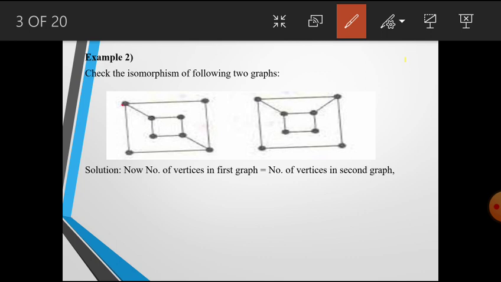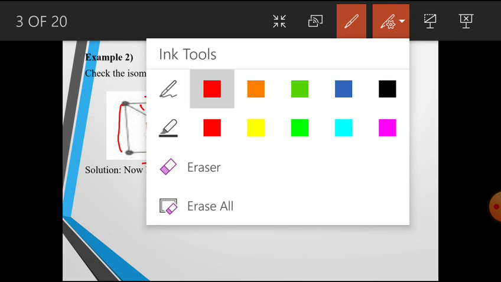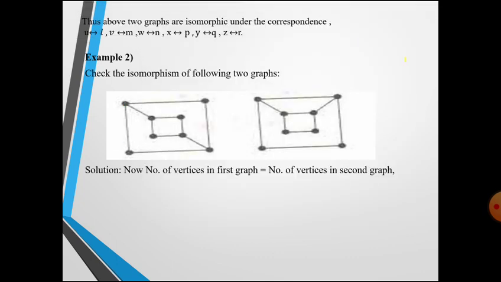Similarly, count the number of edges in G1. 1, 2, 3, 4, 5, 6, 7, 8, 9 and 10. Same in G2, 10 edges. Now the number of vertices and the number of edges in both graphs are the same.